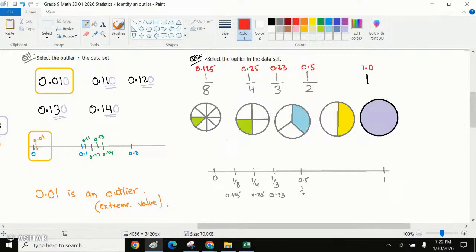If we plot down these values, this value 0.25, 0.33, 0.5, and 1.0. So what is an outlier in this case?